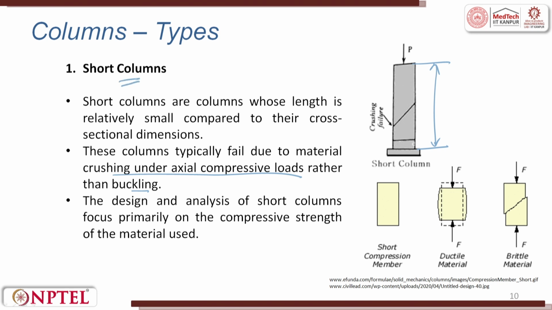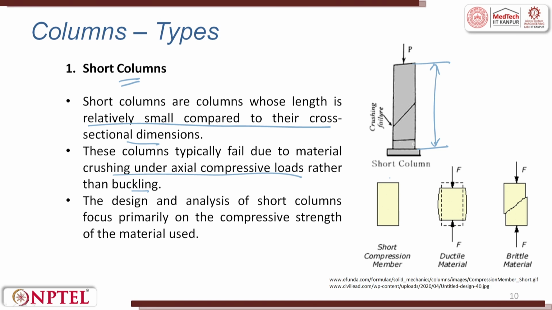So, short columns are columns where the length is relatively smaller than their cross sectional dimensions. The design and analysis of short columns focuses primarily on the compressive strength of the material used.